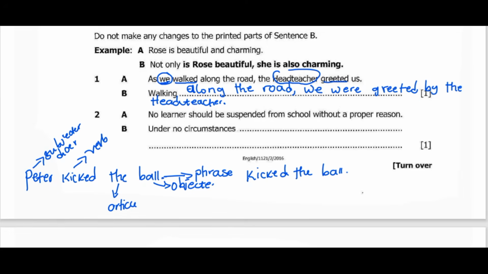Under no circumstances should a learner be suspended from school.